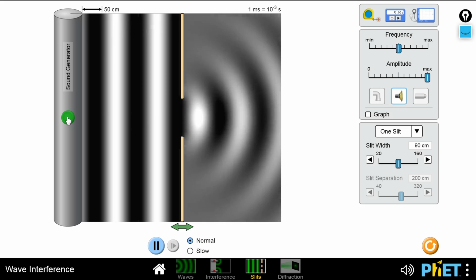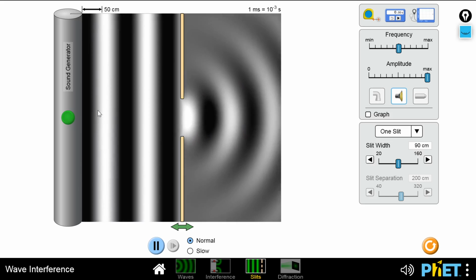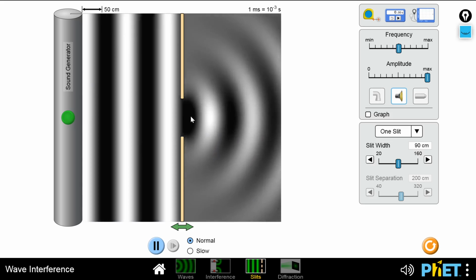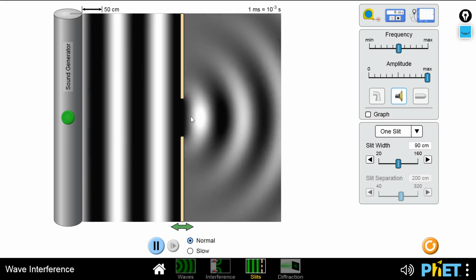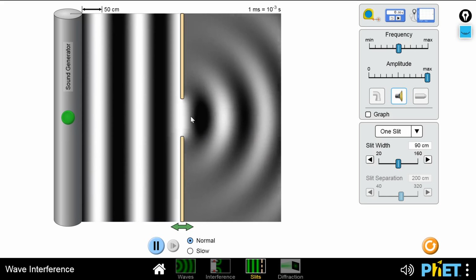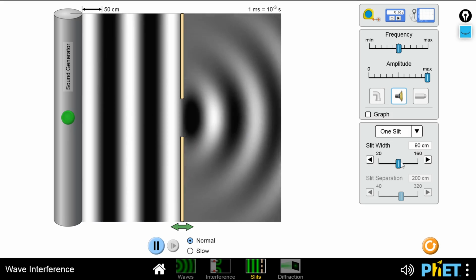In this case, what we're going to do is explore what happens when a wave meets a barrier that has a hole in it. We call it a slit because we're just looking at it as a two-dimensional thing. We can vary the width of this slit.